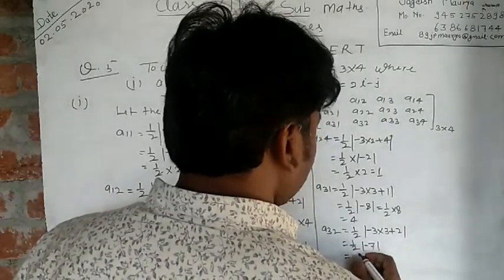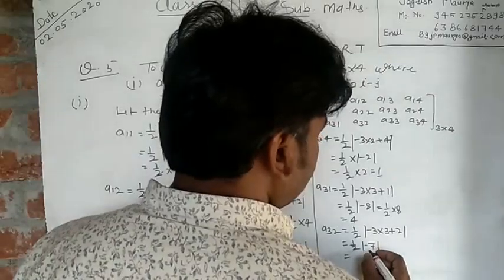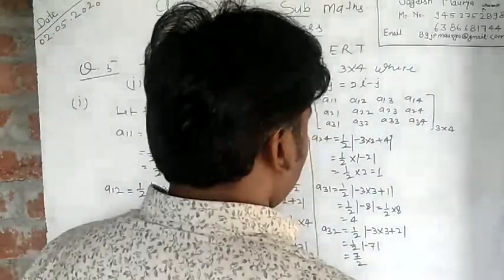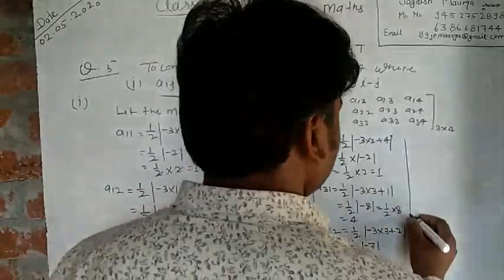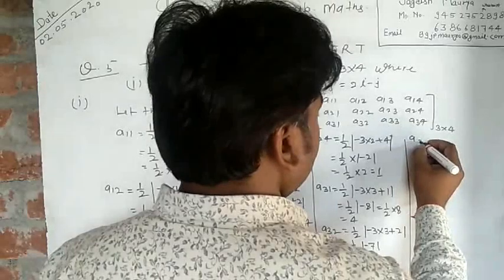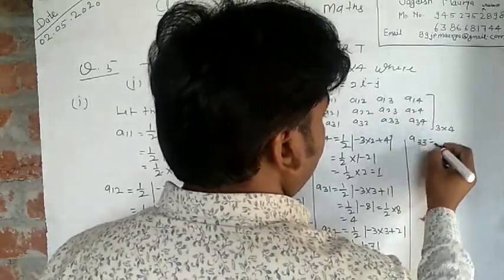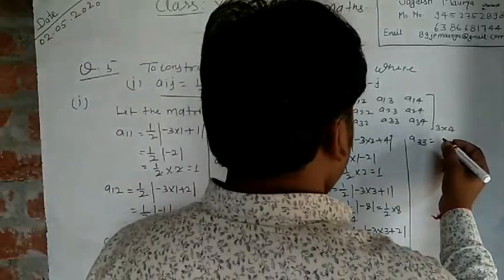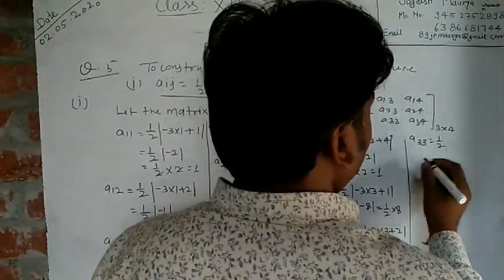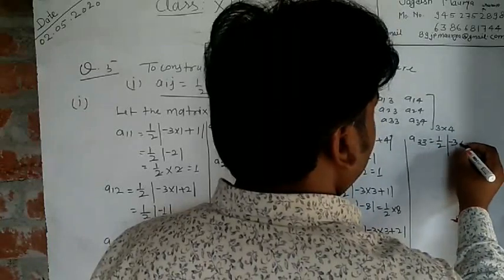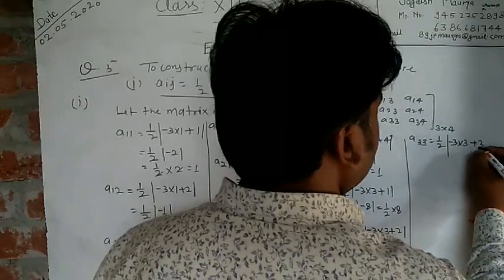This will come, mod minus 7 means 7, so 7 by 2. A33: 1 by 2 mod of minus 3 into 3 plus 3.